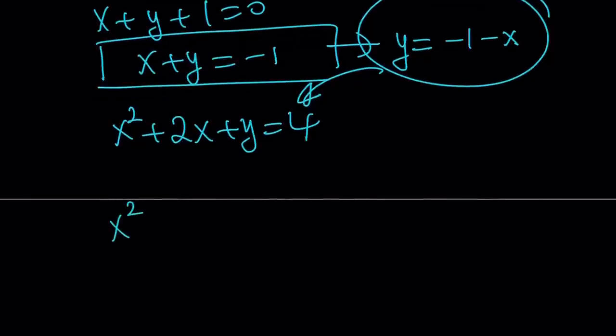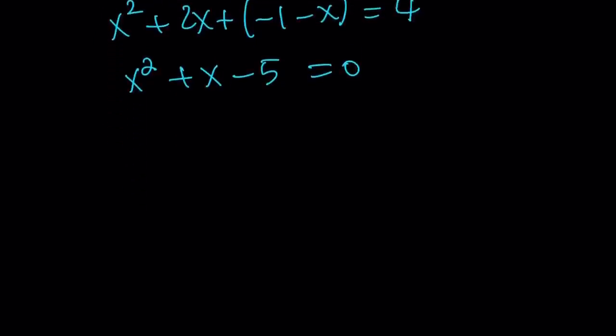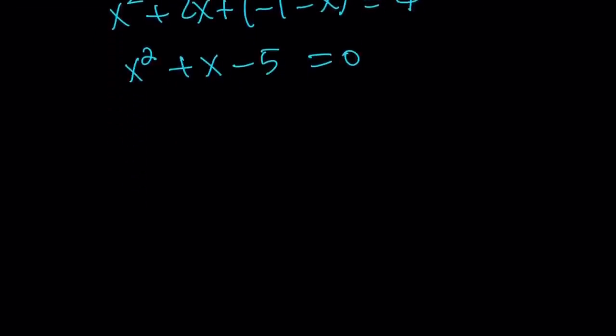x squared plus 2x plus y, which is negative 1 minus x, equals 4. And then we get x squared plus 2x minus x, that's going to give me plus x. Minus 1 minus 4 is going to give me minus 5, and we get the same equation. So this equation has 2 solutions.